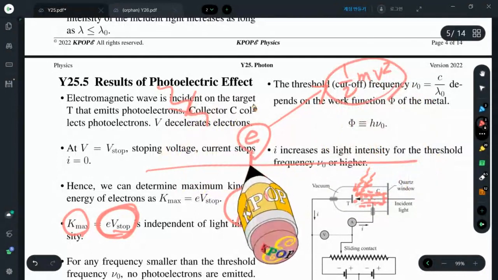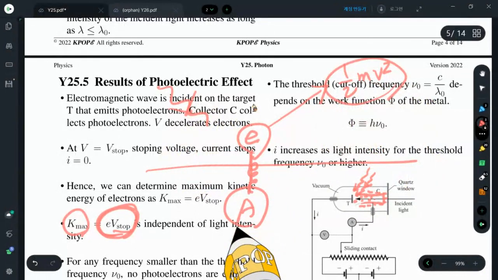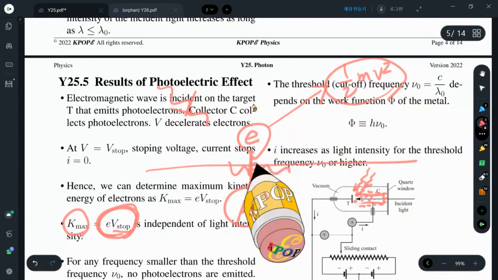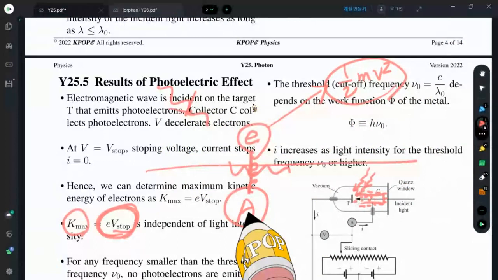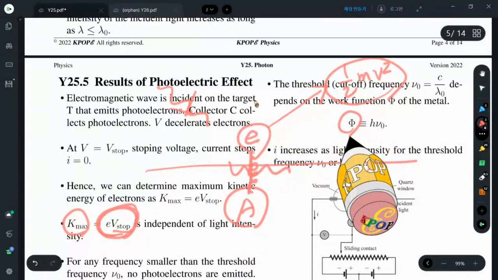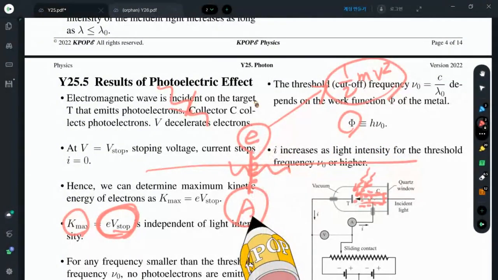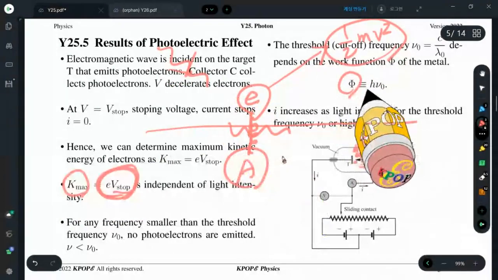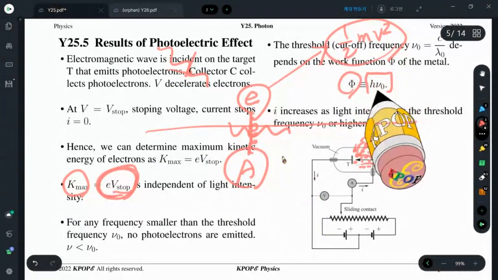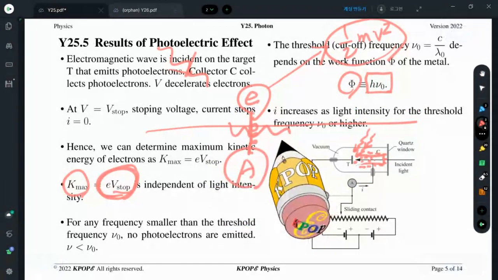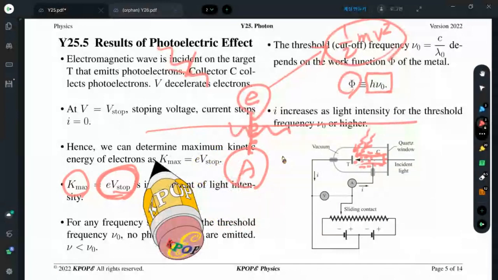But there should be some energy spent to break the bondage of the electron with the atom. That is called work function. That is the kind of potential energy between the electron-atom system. So this one is treated to be the threshold energy required to break the bondage. That depends on the structure of the atom.